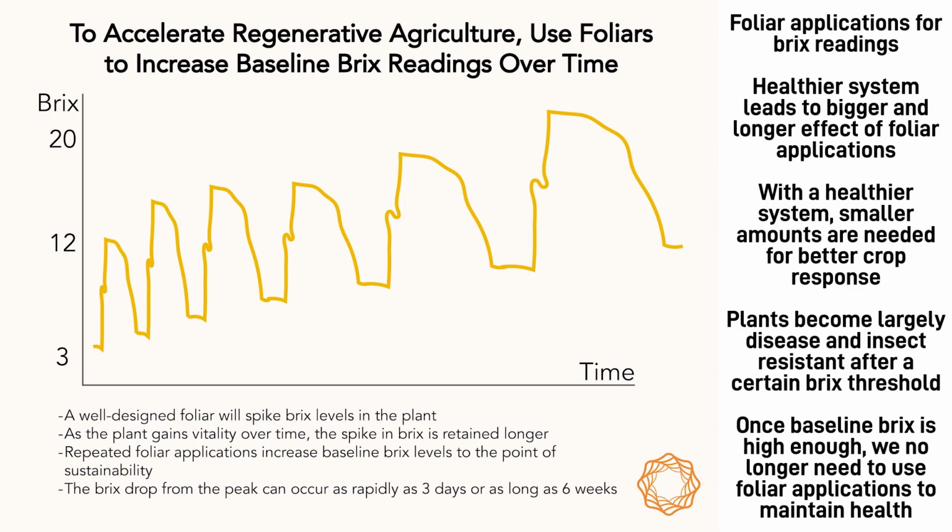And that's when we can have a conversation about a truly regenerative agriculture, a system of soil and plant health that is so vibrant and self-sustaining that we don't need to constantly apply additional inputs. That's the intent. That's what we're trying to accomplish, and that's what can be accomplished using this thought process and this model and properly designing foliar applications.